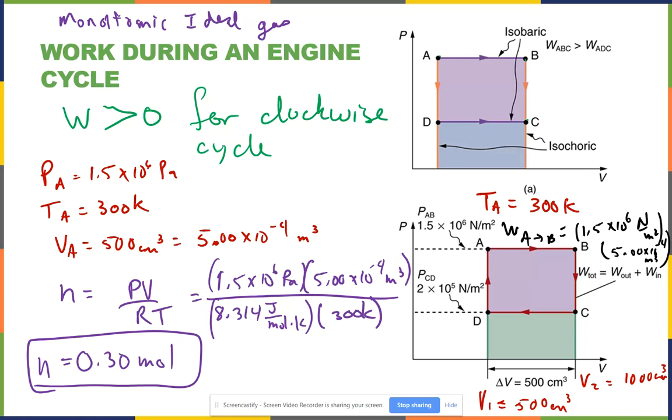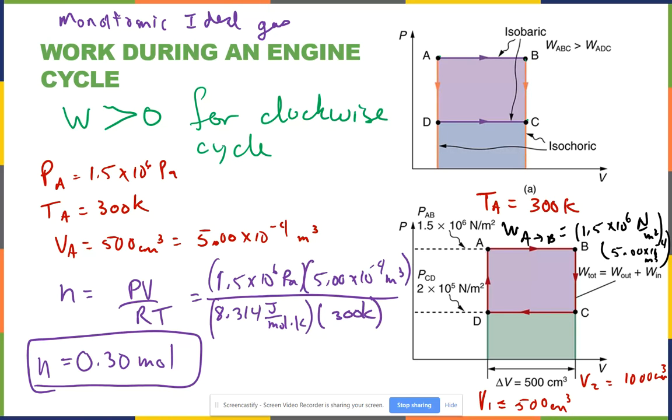Okay, that we can actually do in our head. Add the exponents. 6 plus minus 4 is 2. 1.5 times 5 is 7.5. So that's 7.5 times 10 to the 2, or 750 joules. So that's how much work was done.